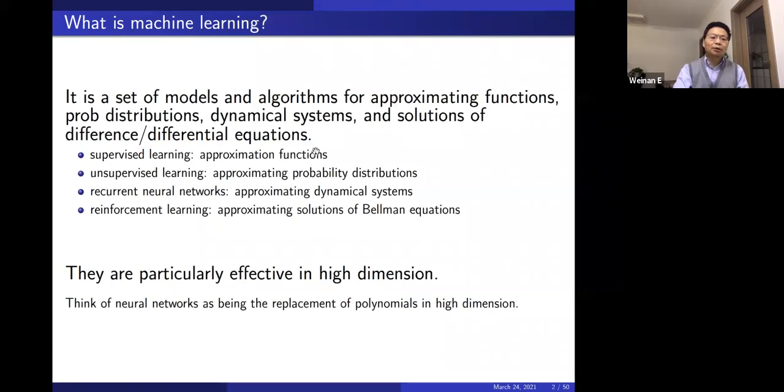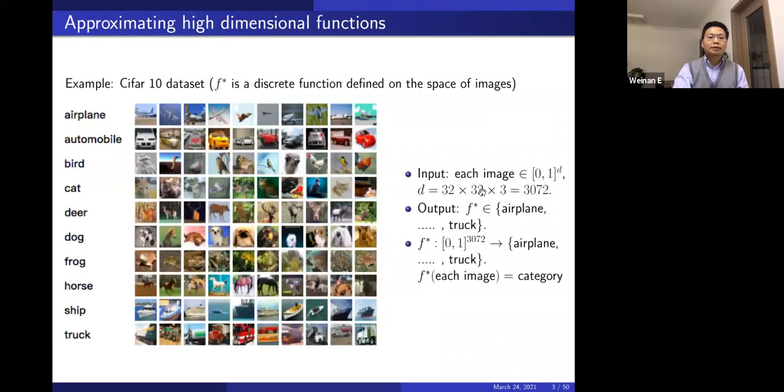Traditional algorithms for approximating functions, dynamical systems, and solutions of PDEs are usually based on polynomial or piecewise polynomial approximation of functions, and these don't work very effectively in high dimension. Neural networks are the right replacement of polynomials or piecewise polynomials. So this is a general idea, and I'll make it a little bit more precise in the following.